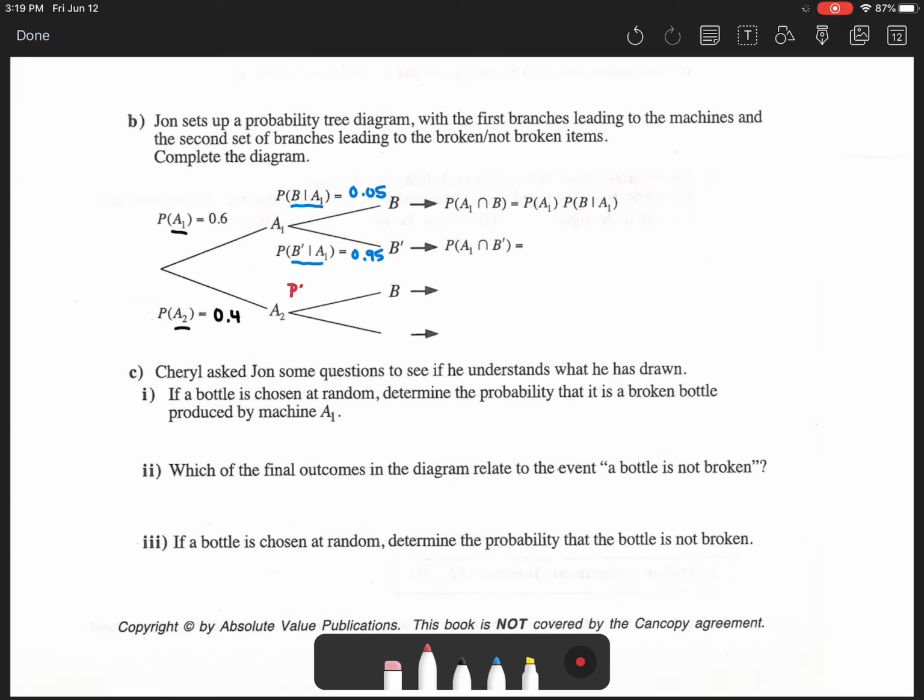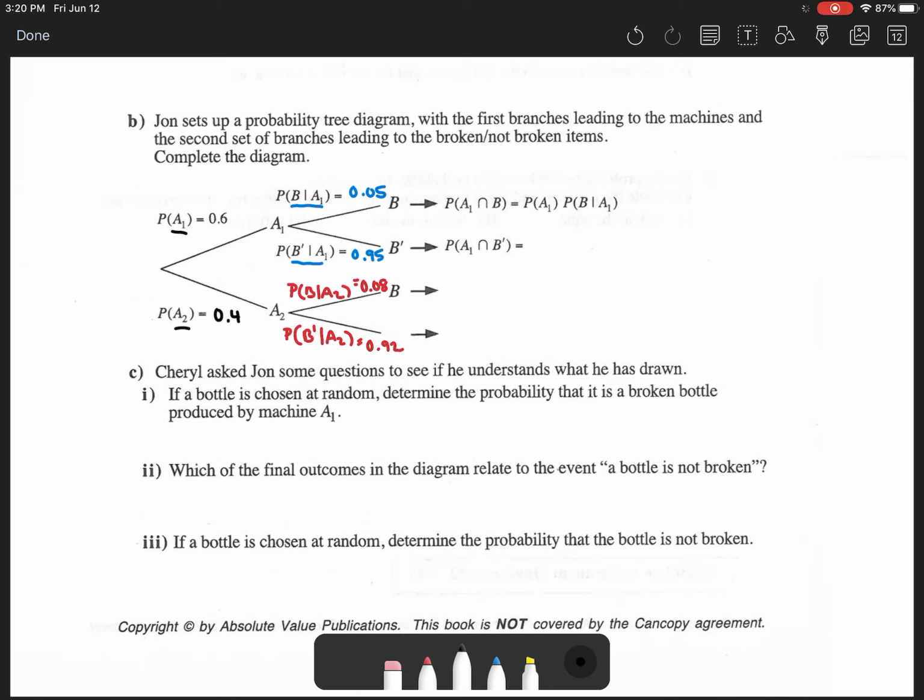So how would I write this? Well, this would be the probability that a bottle is broken coming from A2, and this would be the probability that a bottle is not broken coming from A2. So we learned that this is 8%, the probability a bottle is broken from A2, so that means that 92% is the probability that the bottle is not broken when it comes from A2.